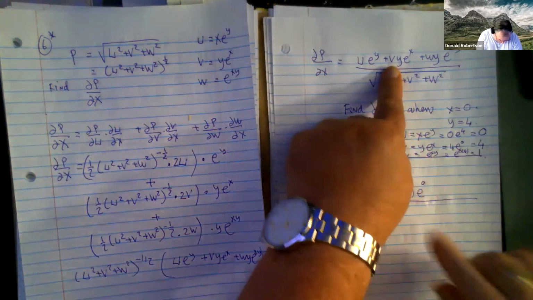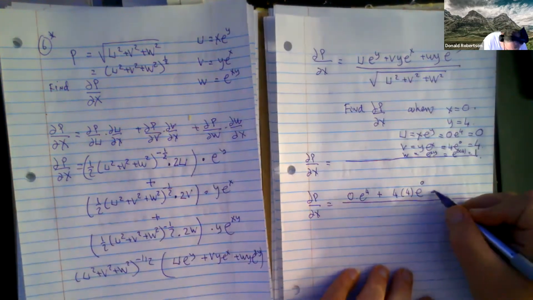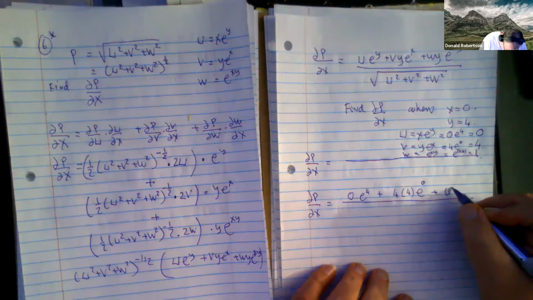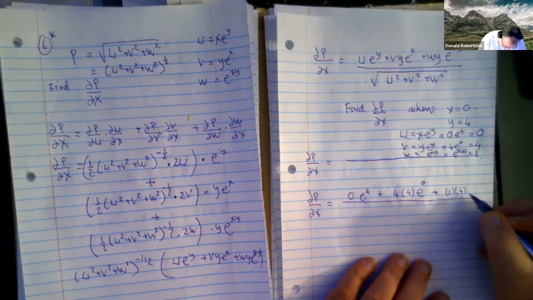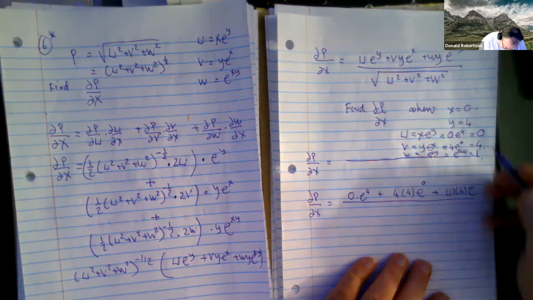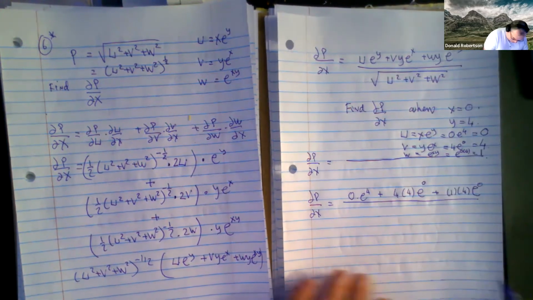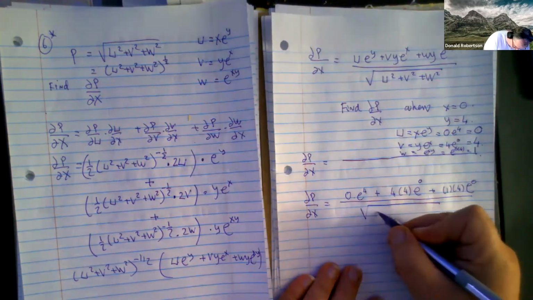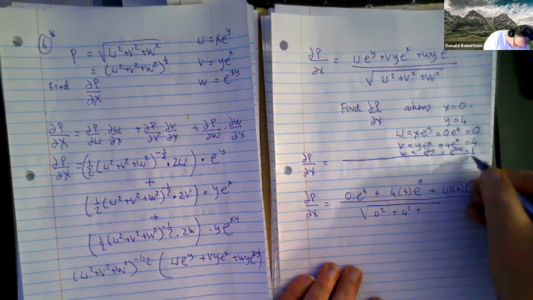So that's v, y, e to the 0. W is 1 for w, y in the next guy is 4. And e to the power of xy, well, xy just gets you 0. All over the square root of u squared plus v squared plus w squared.